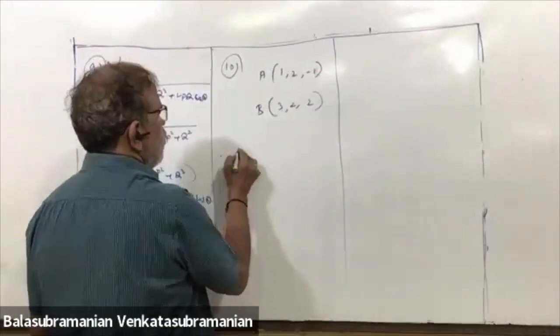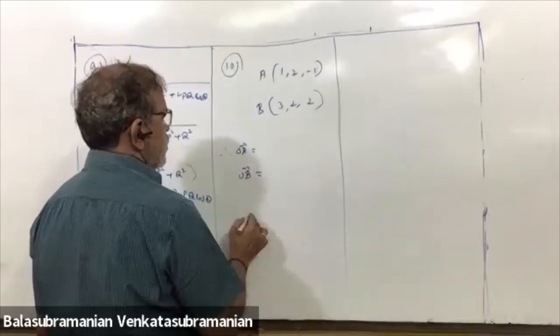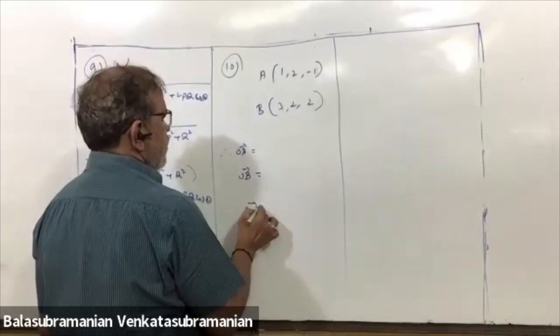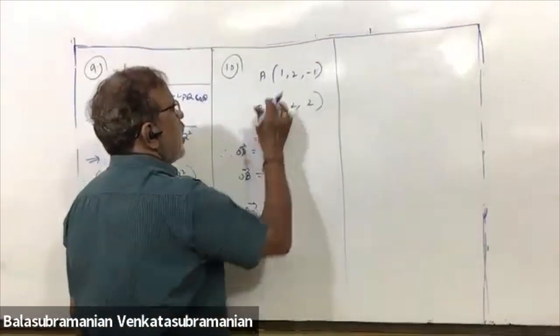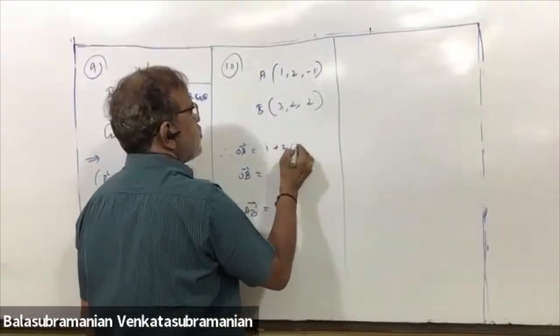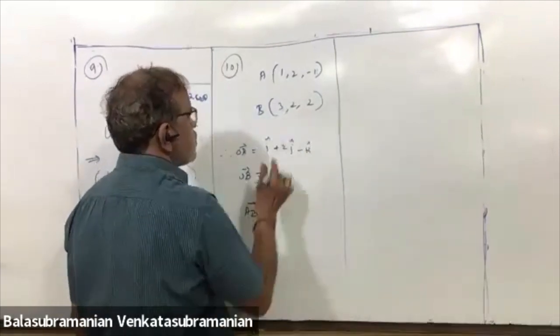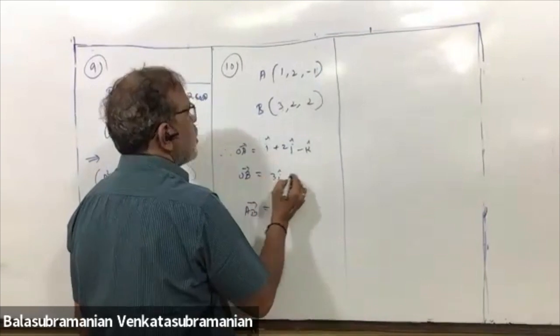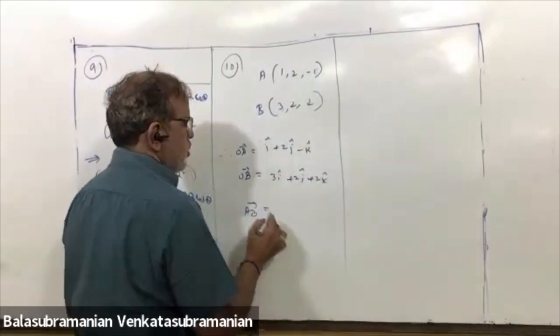So OA vector, OB vector, AB vector you have to calculate. OA is i plus 2j minus k cap. OB is 3i plus 2j plus 2k.